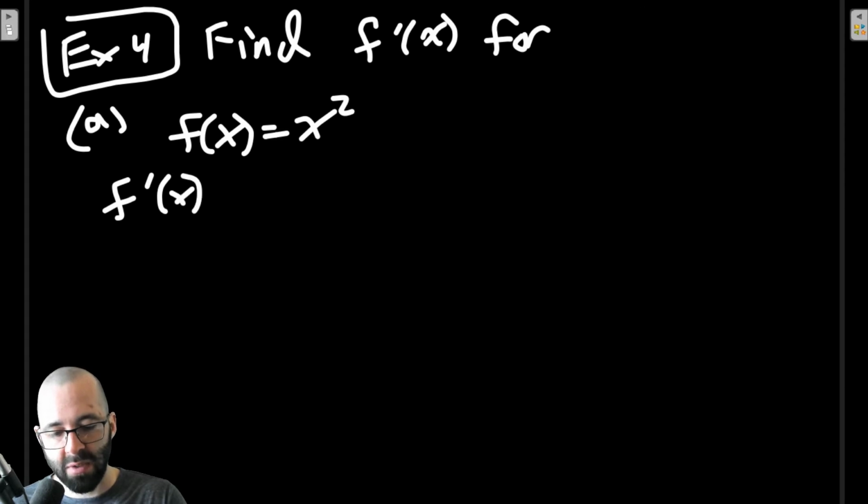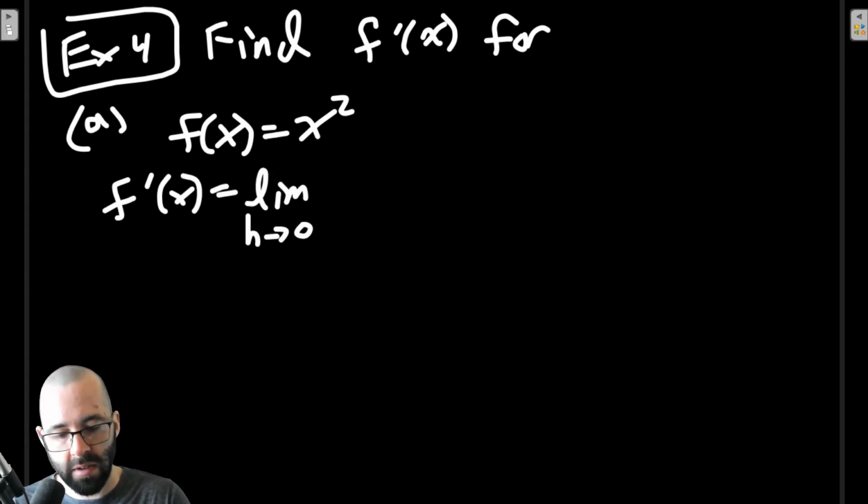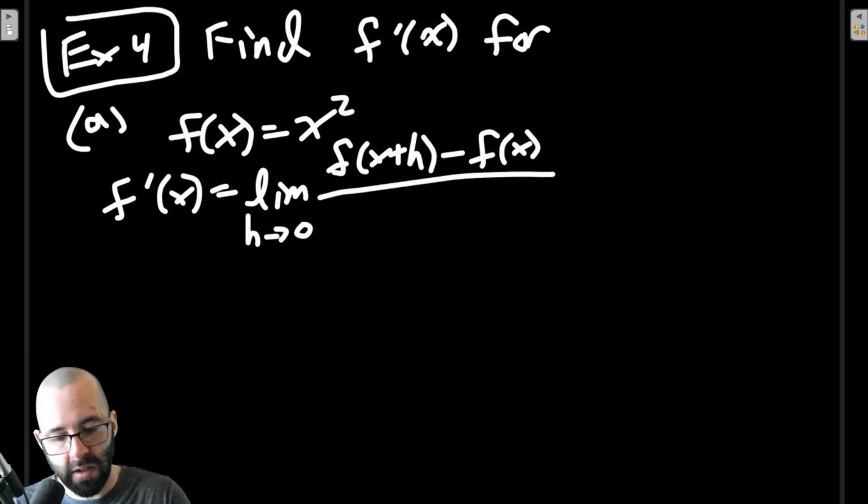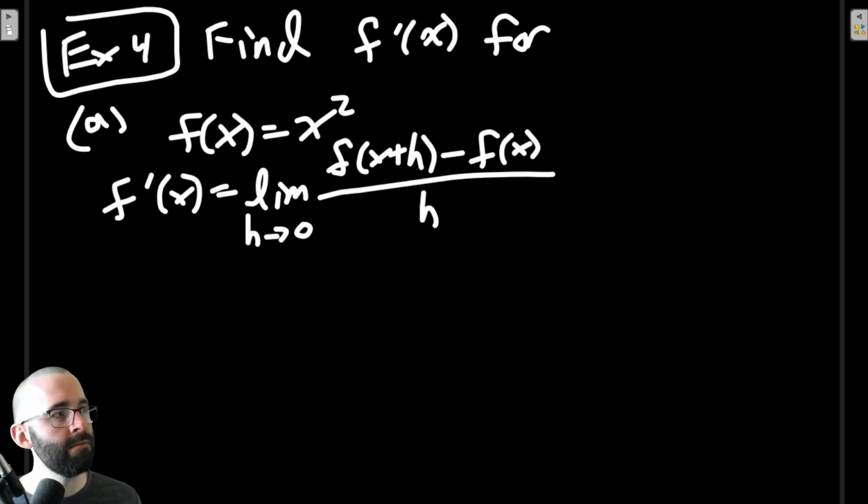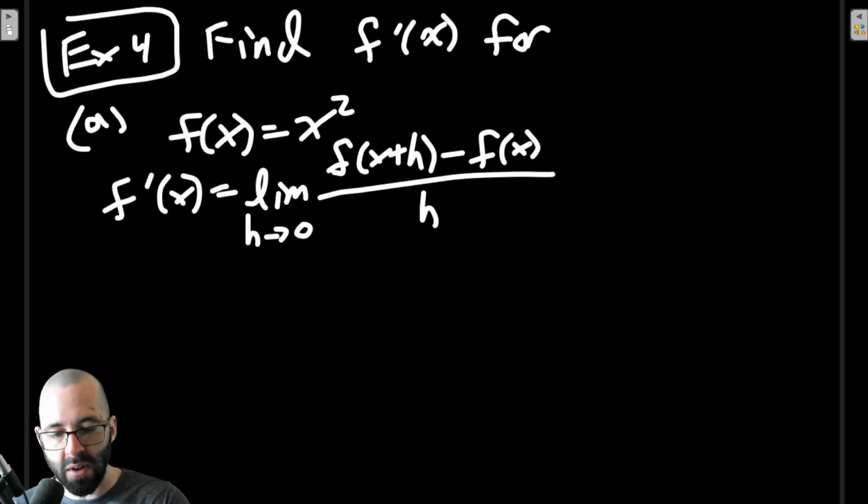So f prime of x, we said, was the limit as h goes to 0 of f of x plus h minus f of x, all over h. All right, so let's go off to the side real quick. f of x is equal to x squared.